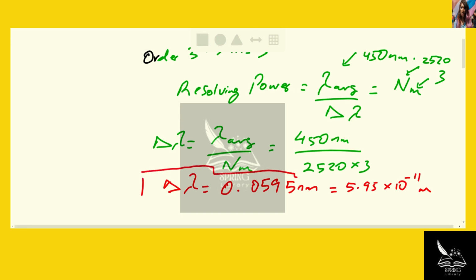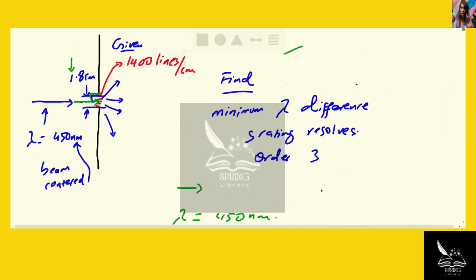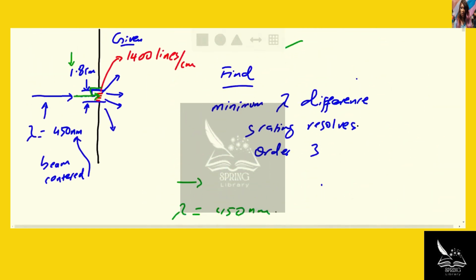Once again, I hope you did enjoy the problem. It was a grating problem, and the initial pieces of information that were given included the beam centered at 450 nanometers, meaning that the beam has an average wavelength of 450 nanometers, and then of course you have 1,400 lines per centimeter.